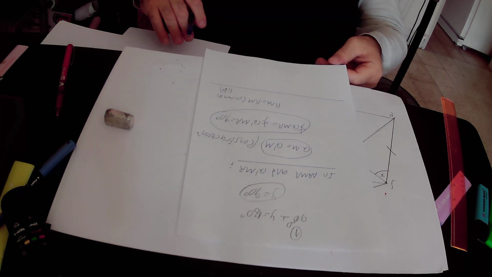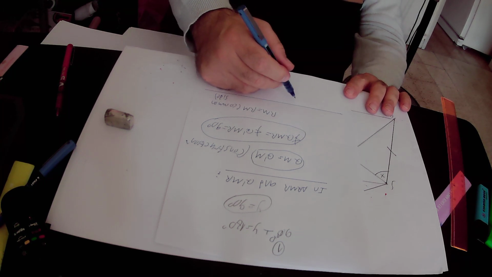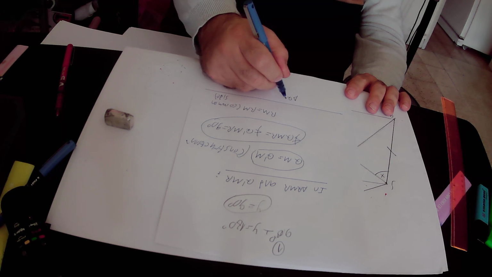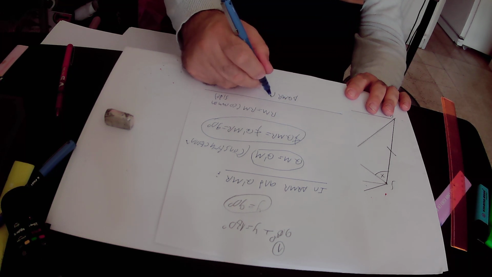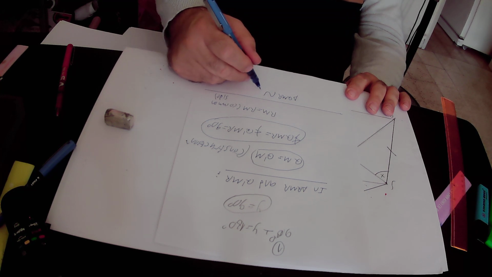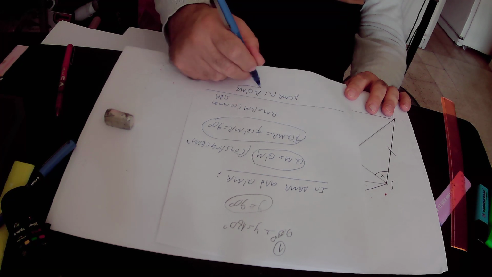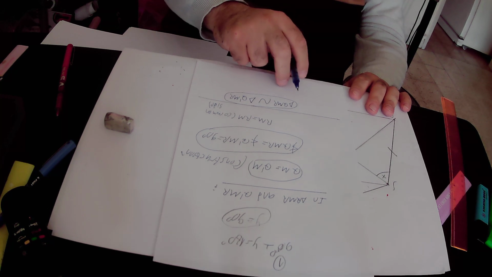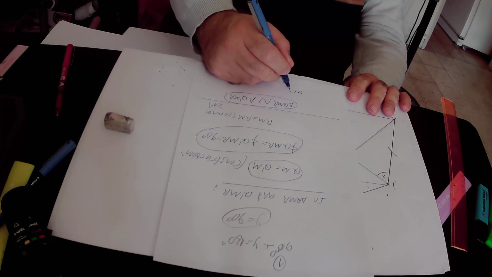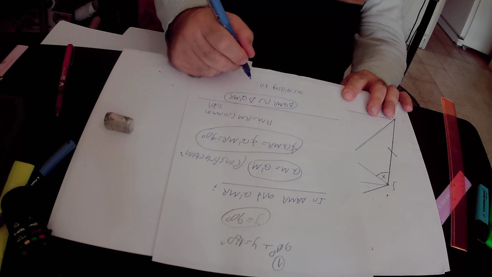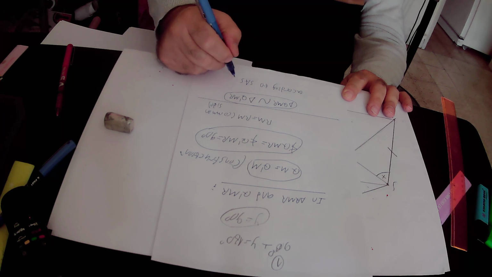We proved that the right triangle QMR is congruent, that is the sign of congruent, to triangle QDSMR according to side angle side rule.